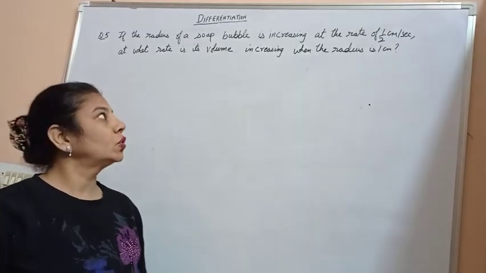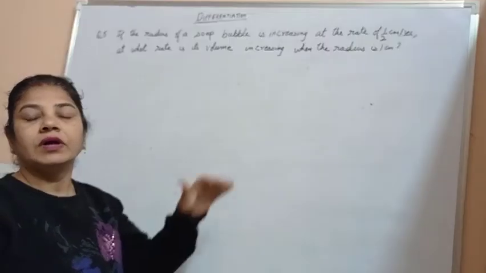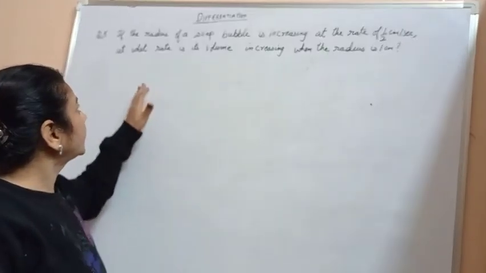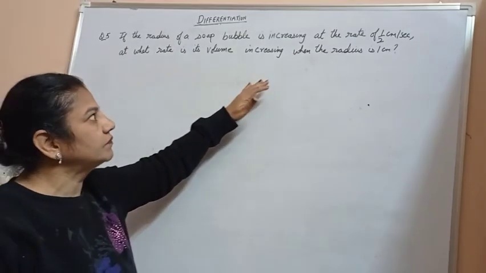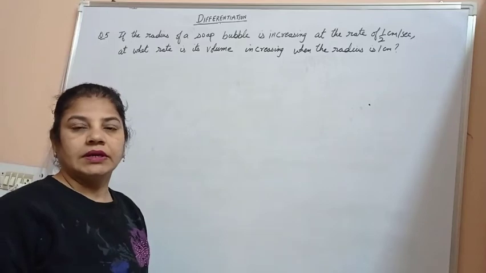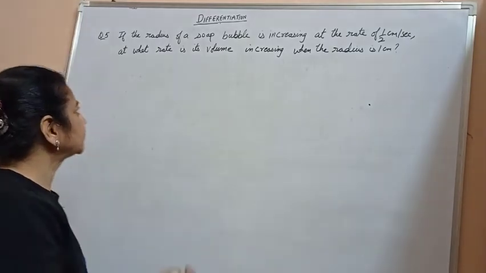If the radius of soap bubble is increasing at the rate of half centimeter per second, at what rate is volume increasing when the radius is 1 centimeter? Let the radius of soap bubble be r.